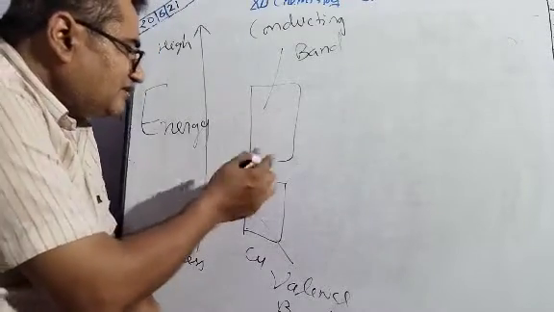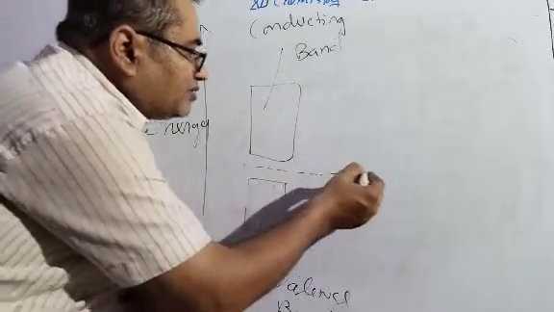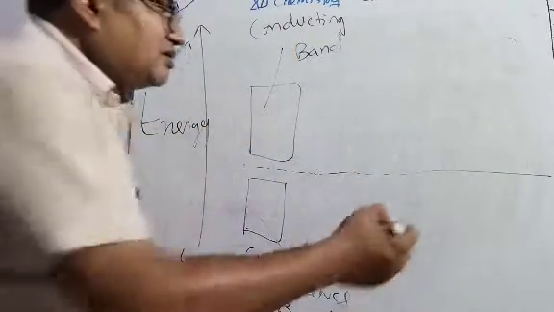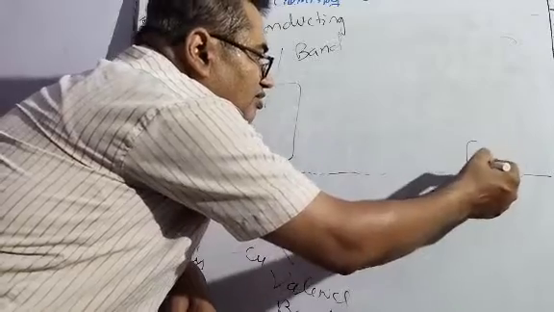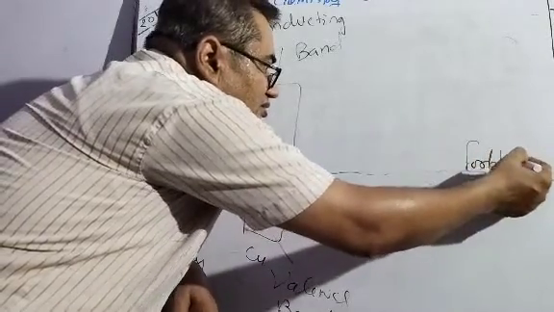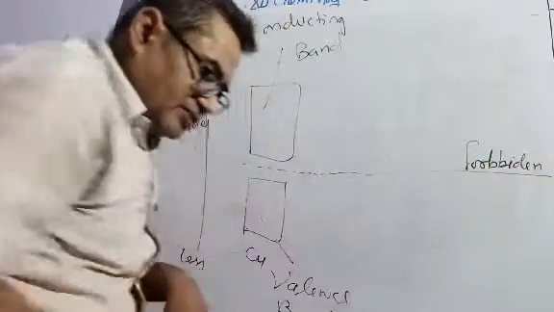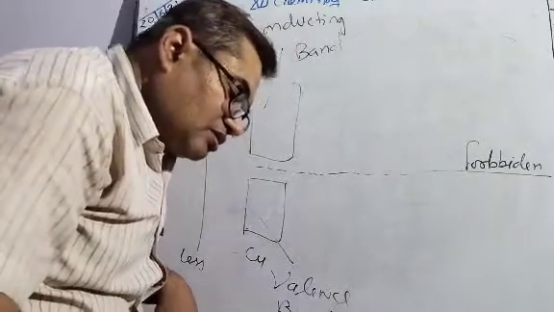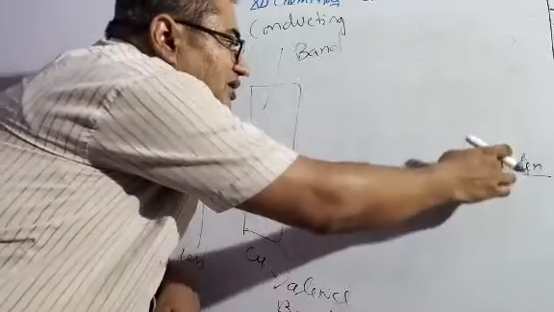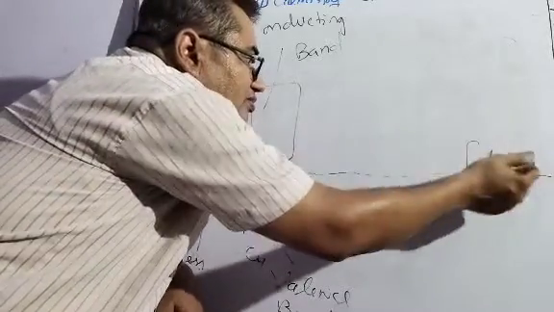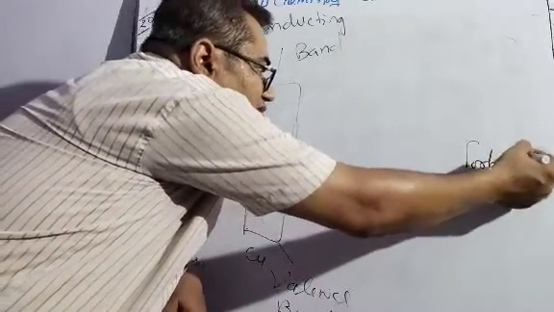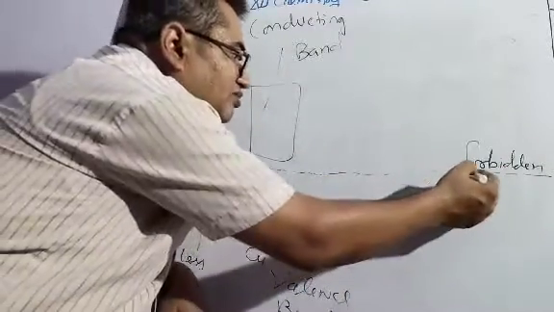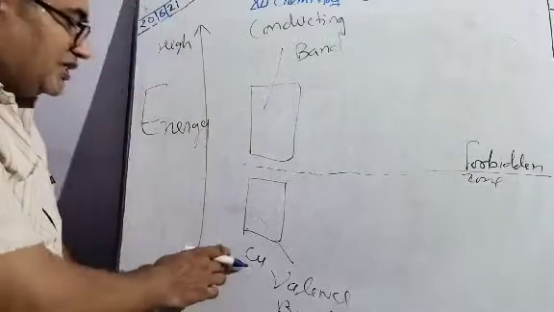So this is a lesser gap. This is called a forbidden region, forbidden band or forbidden zone. This is for a conductor.